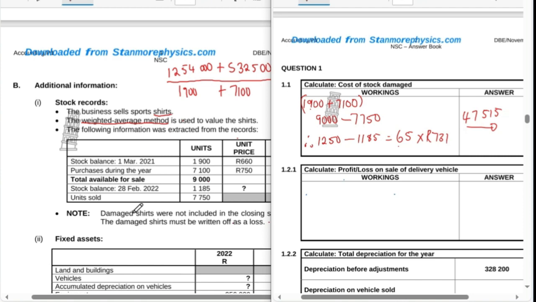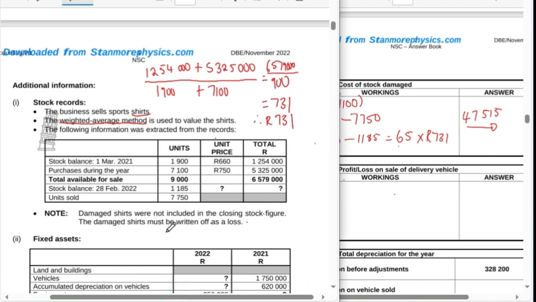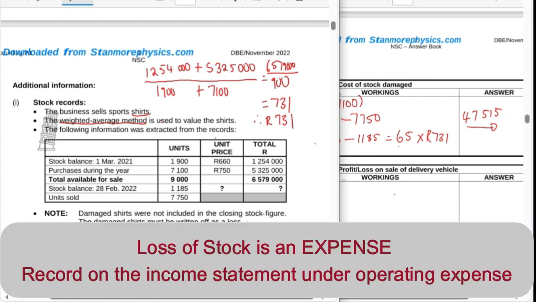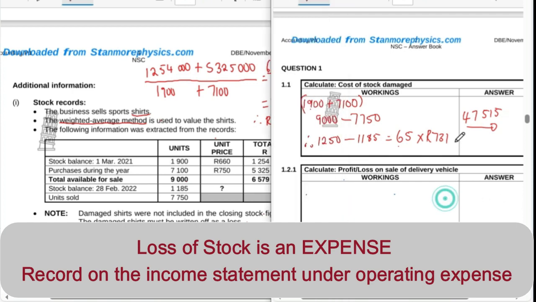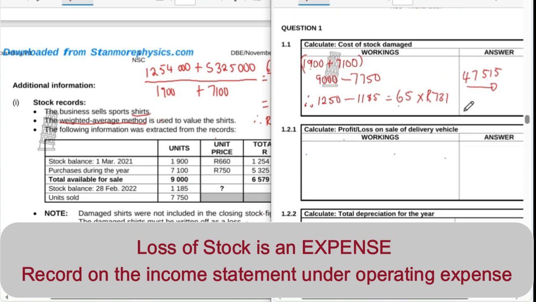And then they say no, the t-shirts were not included. T-shirts were not included in the closing stock figure. The damaged shirts must be written off as a loss, meaning this amount must be shown under our income statement as a loss of stock.